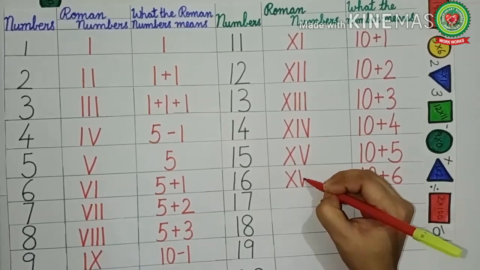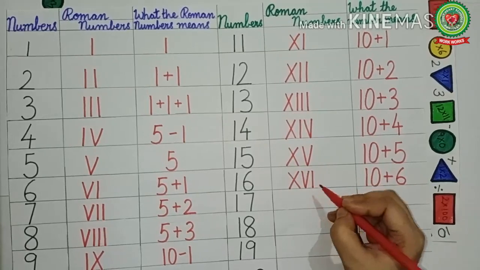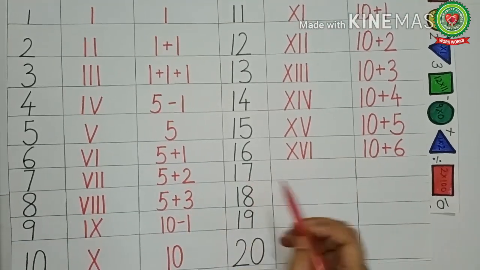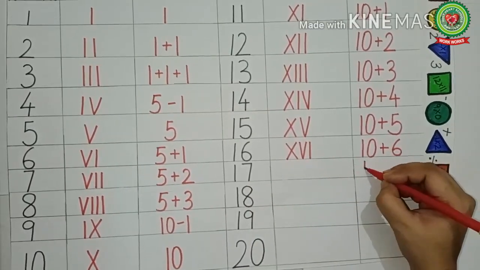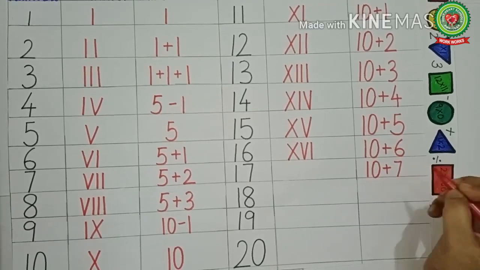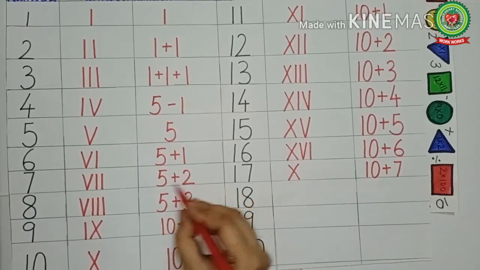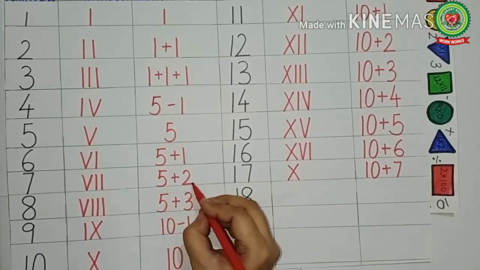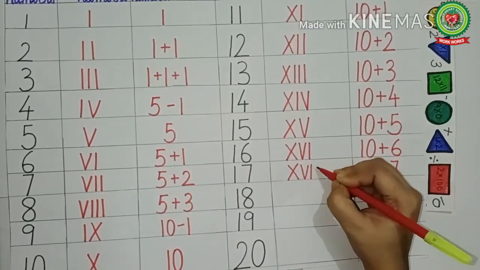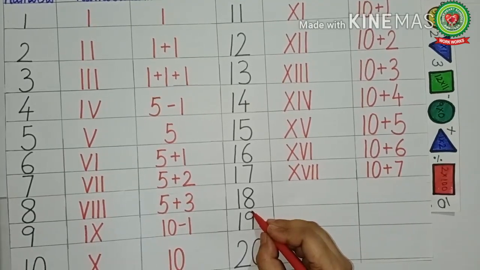So 5 and 1, that is V and I. It becomes 16. Now next is 17. 17 again means 10 plus 7. How do we write 10? That is X. How do we write 7? That is 5 plus 2. That means V, I I.